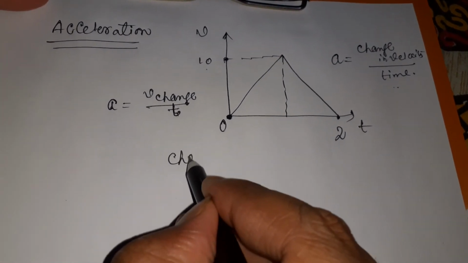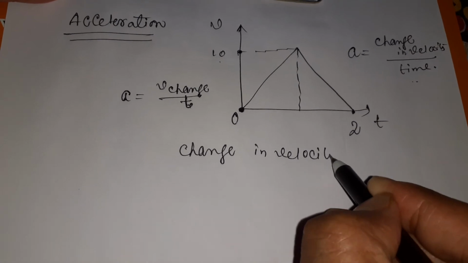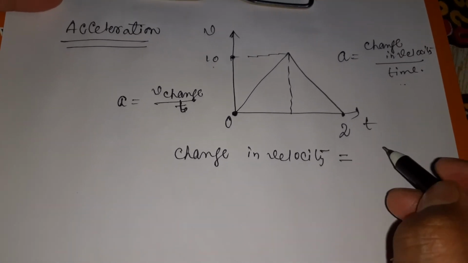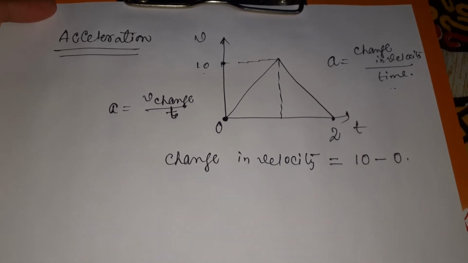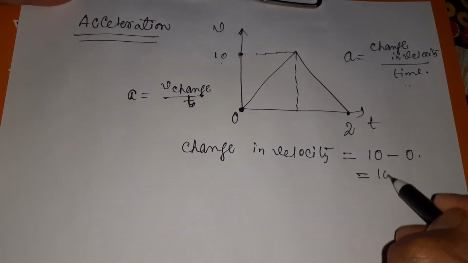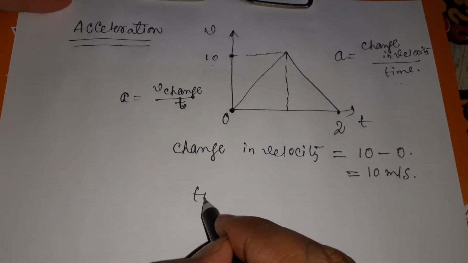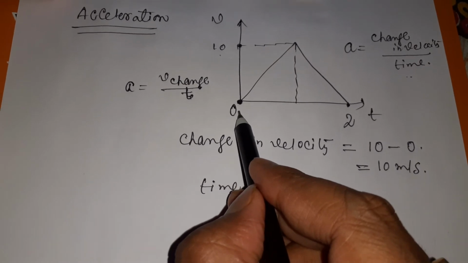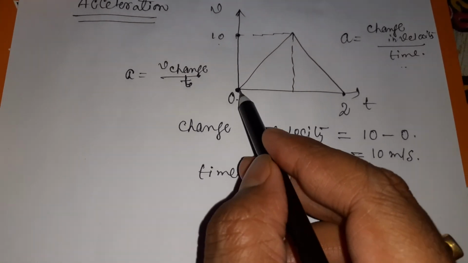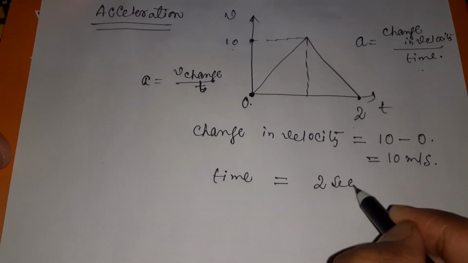So change in velocity is equal to final velocity, that means 10, minus initial velocity, which is 0. So 10 meter per second will be the change in velocity. Time taken is how much? It started from 0, definitely the initial position, and time taken is 2 seconds. So 2 seconds is the time taken.